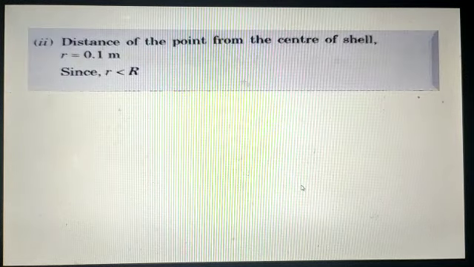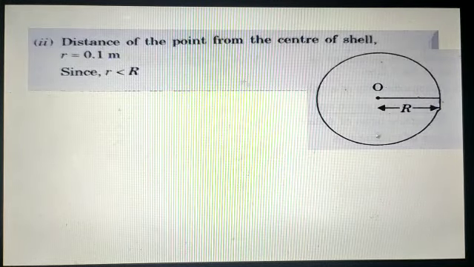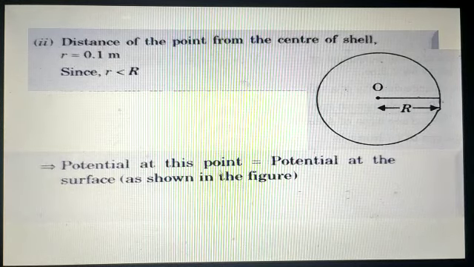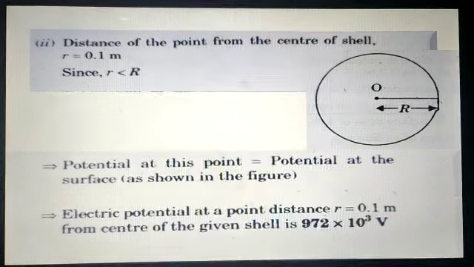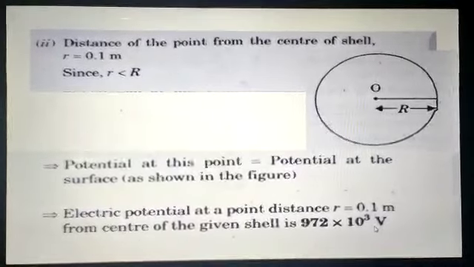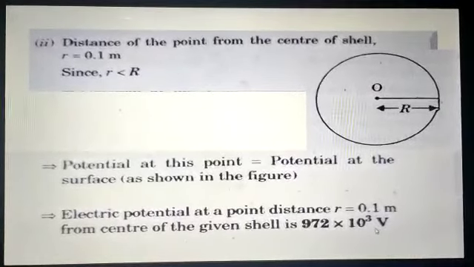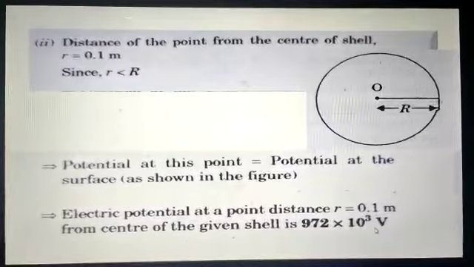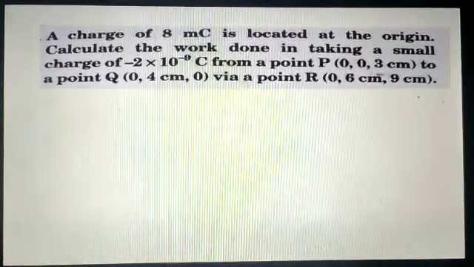Now similarly, for the second part of the question, the point is inside the spherical shell, so the potential at the point is exactly equal to the potential at the surface, and the value is 972 into 10 raised to the power 3 volt, the same answer. I hope this is very clear to you. We move to the next question.